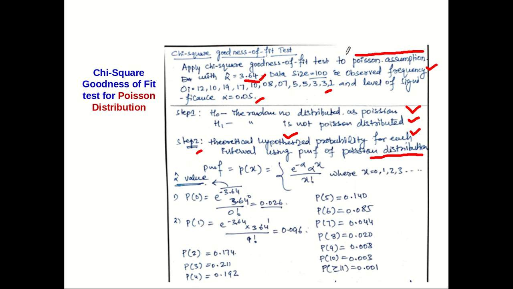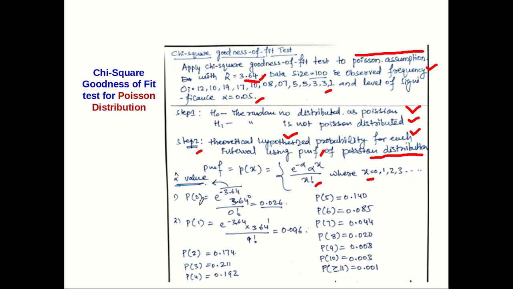Because the data has been assumed to be Poisson distributed, as given along with the problem statement. The probability mass function is P of x equal to e raised to minus alpha, alpha raised to x divided by x factorial, where x is 0, 1, 2, 3, and so on.